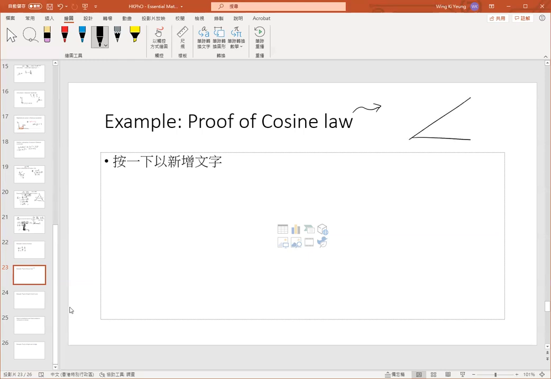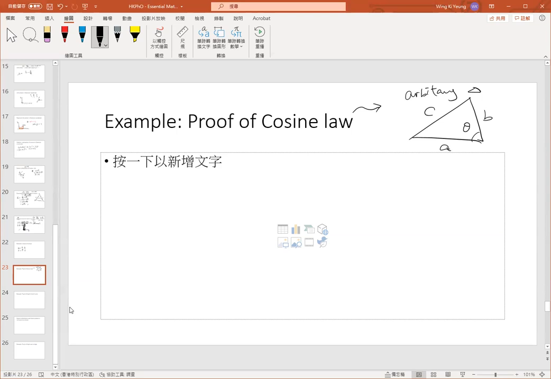Okay, so the cosine law. Let me draw a triangle first. This is an arbitrary triangle. It doesn't matter whether it is a right angle triangle or not. These are the sides A, B, and C. This is the included angle theta.